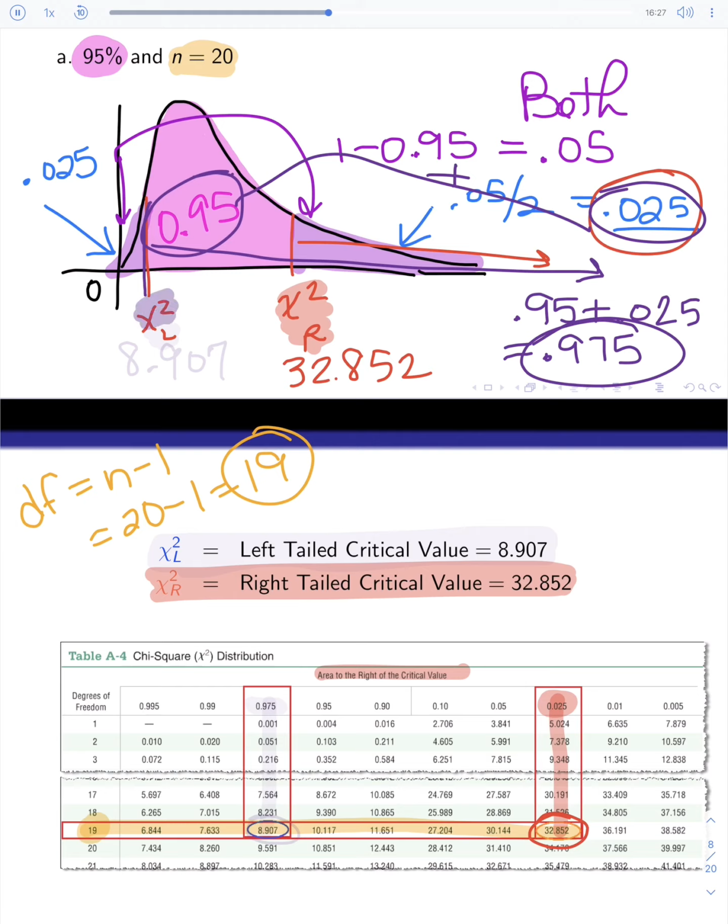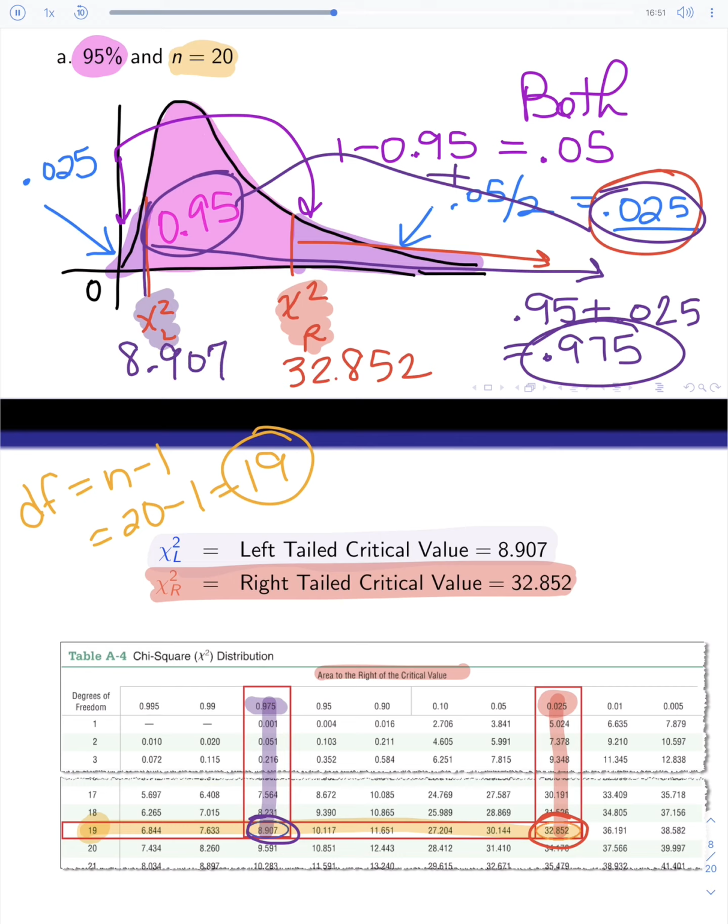So let's take a look at our table again. So I need to use the 0.975 as your area to the right. My degrees of freedom won't change, so I still need to just figure out where this is going to hit my degrees of freedom, which happens at a chi-squared value of 8.907.